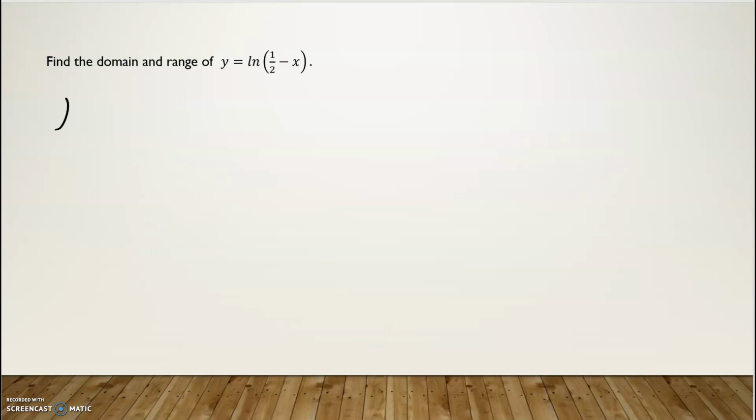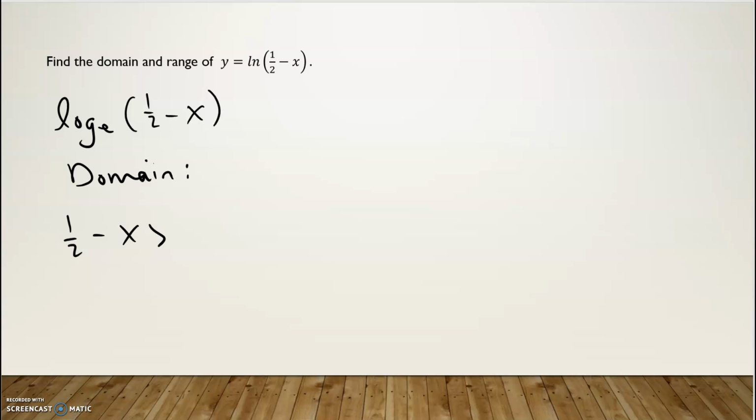Okay, now natural log, remember that's just log base e of 1/2 minus x. So you're still doing the same thing. You're going to put what's inside the parentheses greater than 0, and then you're just going to solve for x. So I'm going to go ahead and move over the 1/2. You can move over the x if you wanted to.